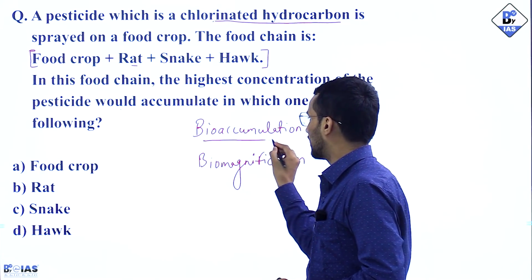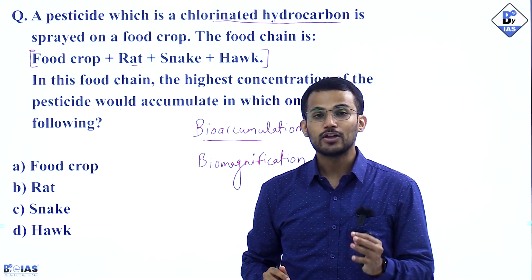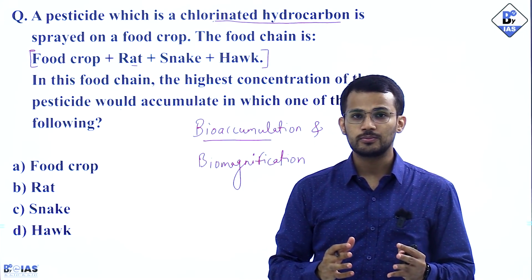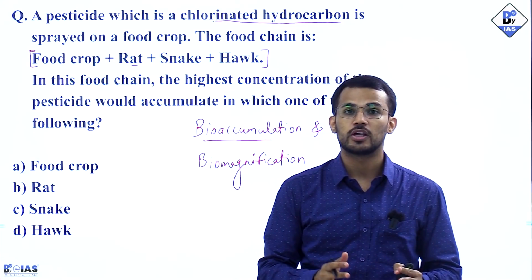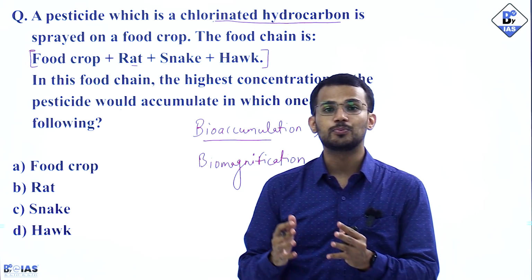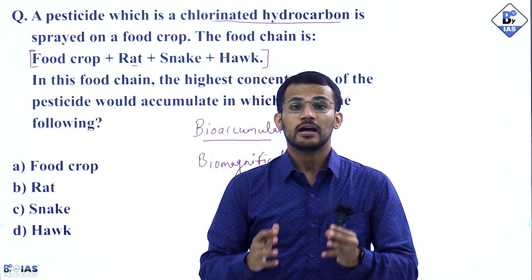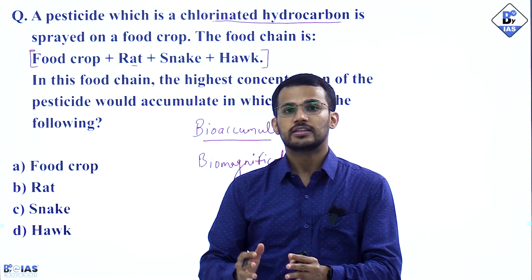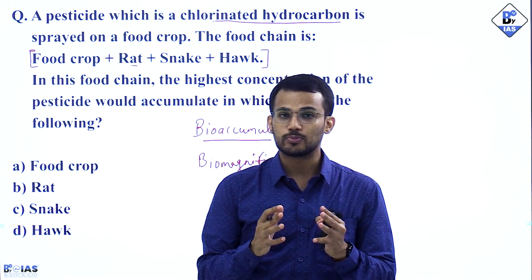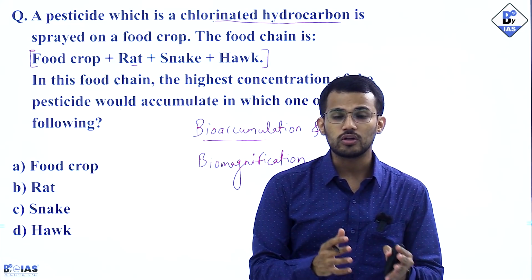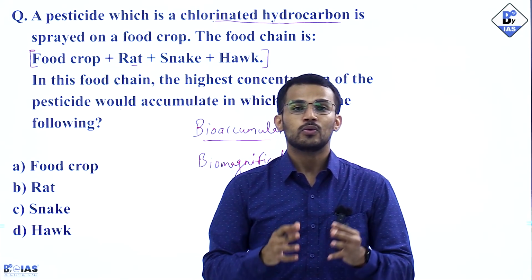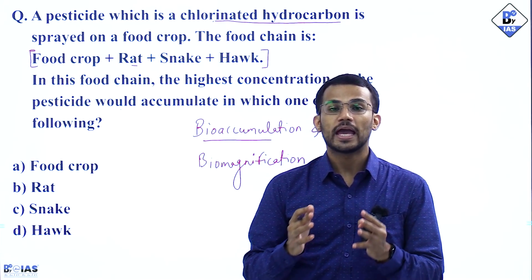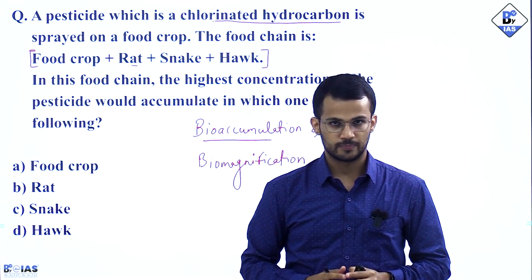What is bioaccumulation? Bioaccumulation is a term used for increase in the concentration of a particular pollutant inside the body of an organism, and when the concentration of that pollutant is more than the environmental concentration of the similar pollutant, we can say that bioaccumulation has occurred, right?